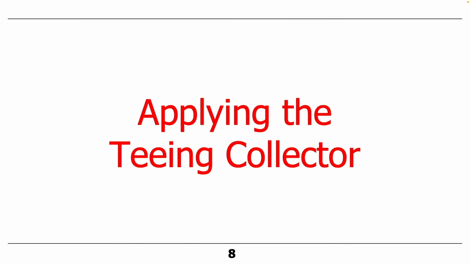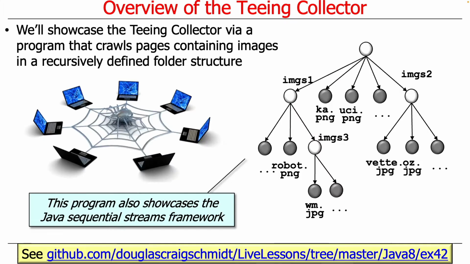So what we're going to do now is talk about how to apply the teeing collector. And this is going to be in the context of a really neat program that is not unlike the program that you've been doing for your assignments. It crawls pages containing images in a recursively defined folder structure. So that should sound very familiar.